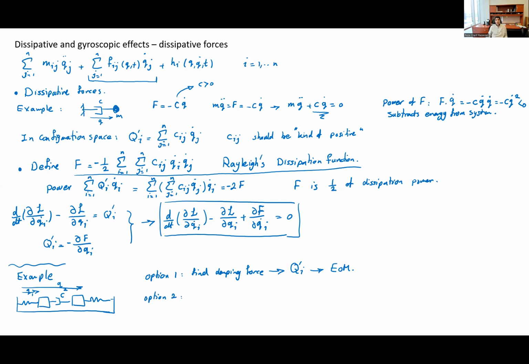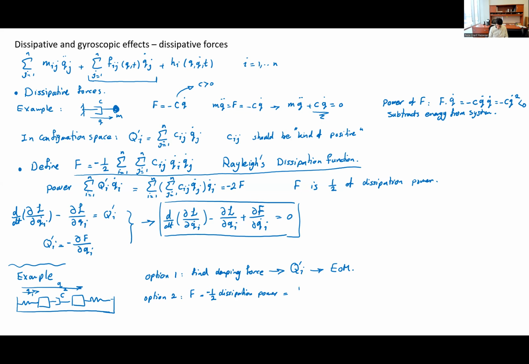Option two is to stay in the energy domain and bypass the force calculations. So I know my F, my Rayleigh function, is 1/2 of the dissipation power, with the negative of that, let's call it this way.